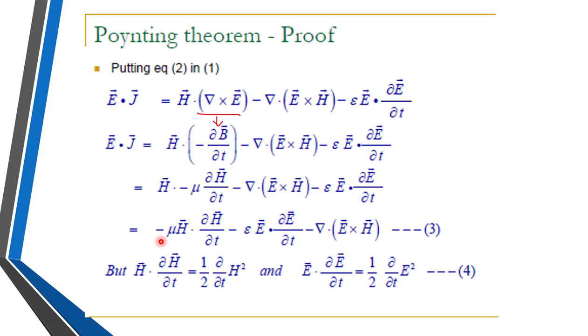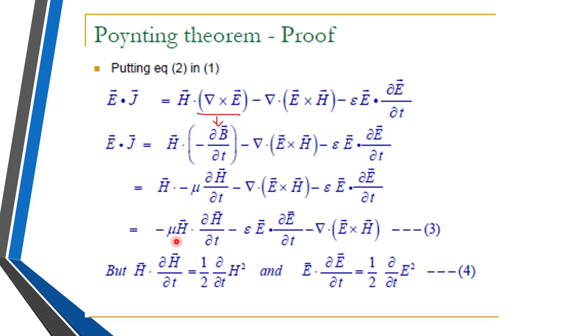Taking minus mu as a constant, it is minus mu H bar dot dou H bar by dou t minus epsilon E bar dot dou E by dou t minus, keeping this as the third term, del dot E bar cross H bar. Let us call this equation number 3.